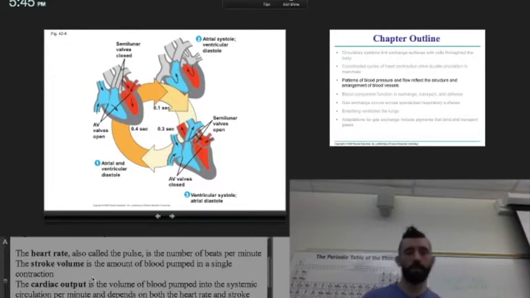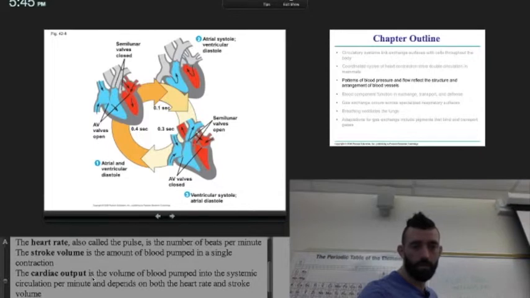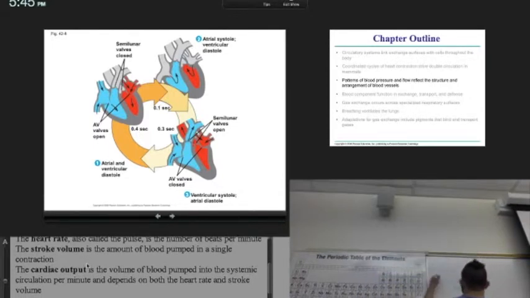Cardiac output depends on stroke volume and heart rate, where cardiac output is the volume pumped through the systemic circuit, which I'll abbreviate SC, per minute.